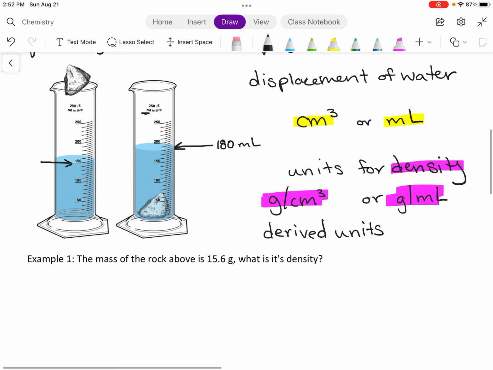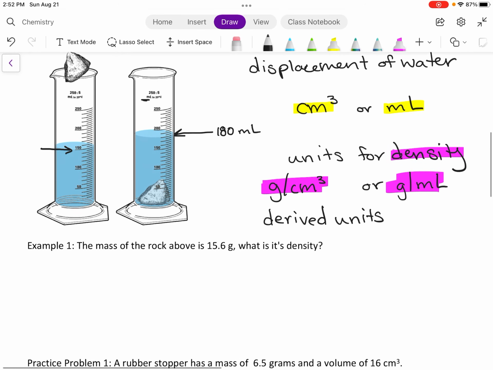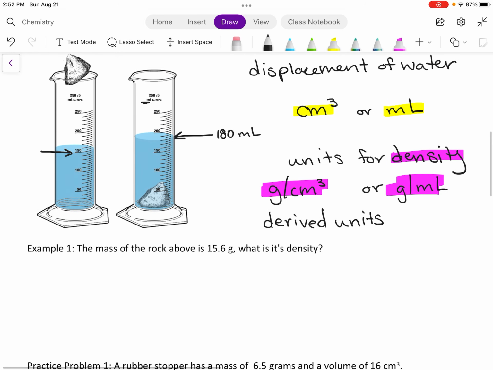Okay, so let's do some practice problems. The first practice problem on here is actually using the information from this graduated cylinder, and y'all will be doing a lab where you do have to take the volume of objects using a graduated cylinder.